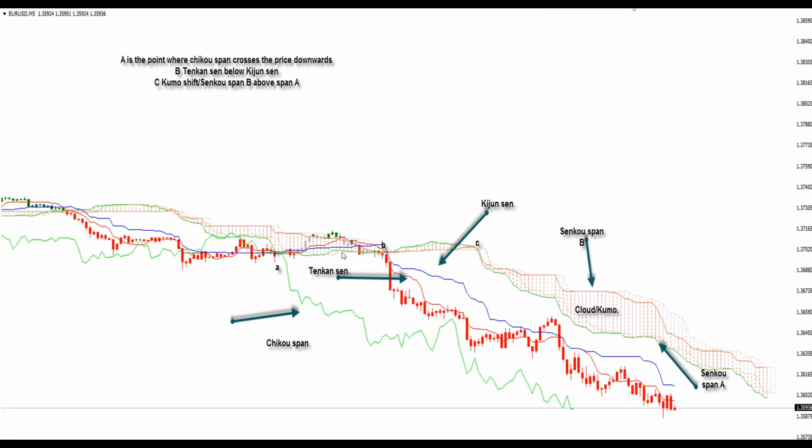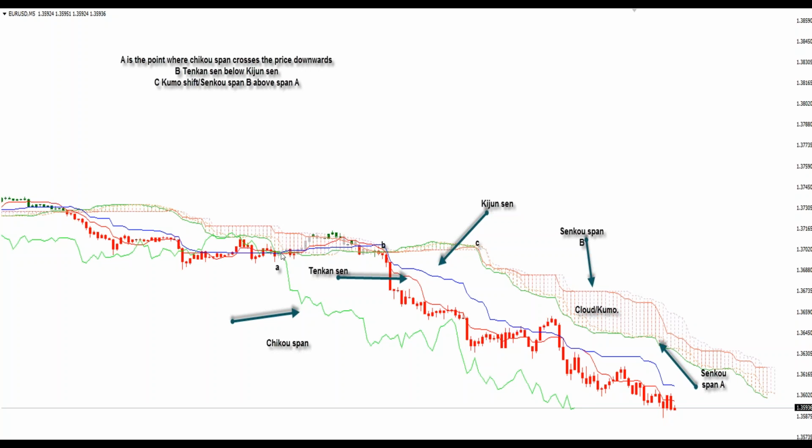So for the original showcase of the Ichimoku indicator, we have three important points. A is the point where Chikou span crosses the price downwards. So this cross is point A in Ichimoku analysis.